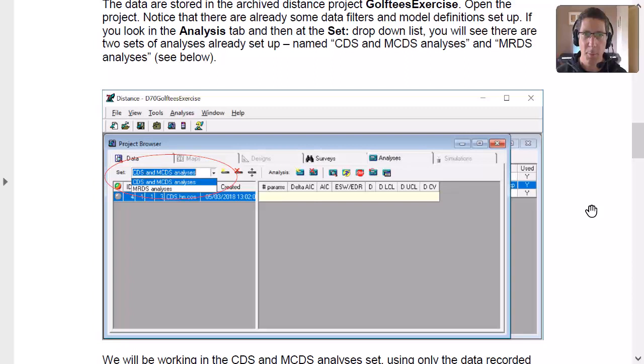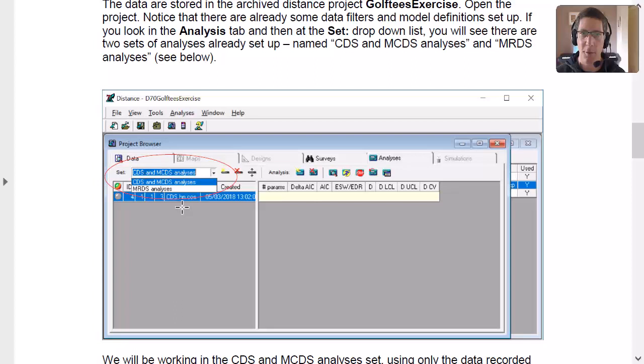And so when you open the project, you'll see that there are multiple analysis sets here, and that I've created a set and an initial analysis for a conventional distance sampling analysis, so a standard distance sampling analysis, using only the data from the first group of observers that went through, so that's platform 1. So it's making it like a single platform survey, so a standard survey that you're used to.